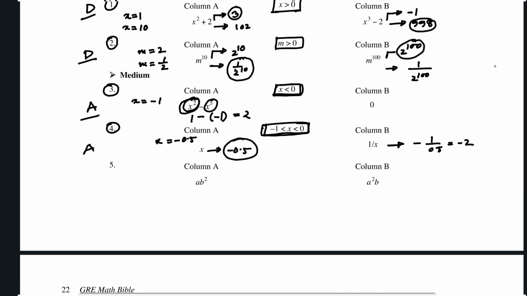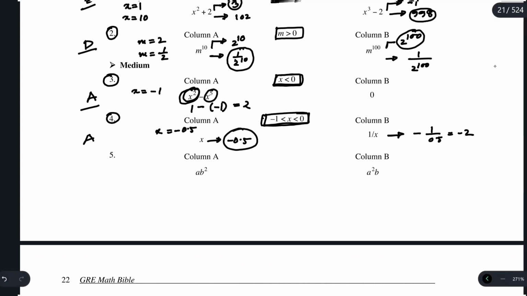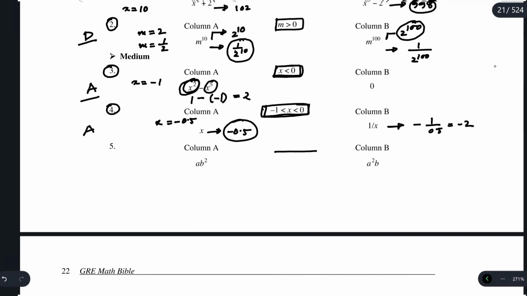Now let's move to problem 5. We have two columns, but there are no conditions over here. So A and B can take any values. But what we can do is, we see some common terms in column A and column B. We can divide column A by AB and also column B by AB, so it will make the comparison easier.